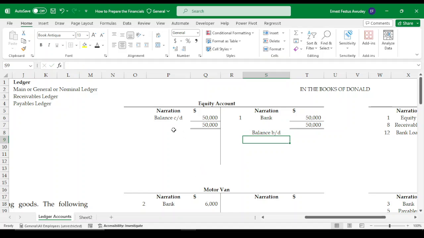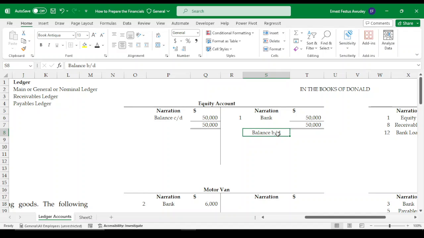Now you can see I'm mentioning balance carried down, but I'm using the lowercase letters c/d. Then I came here and wrote balance brought down, but I shortened it to lowercase b/d. So that is an acceptable convention. We call it a convention. All right, it is a practice that has come to stay in accounting.